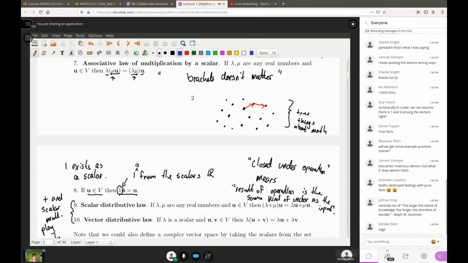Then along came the Greeks, and the Greeks said, well, wouldn't it be nice if all these things we know stem from some core group of truths? So they took some of the facts and they called them axioms.